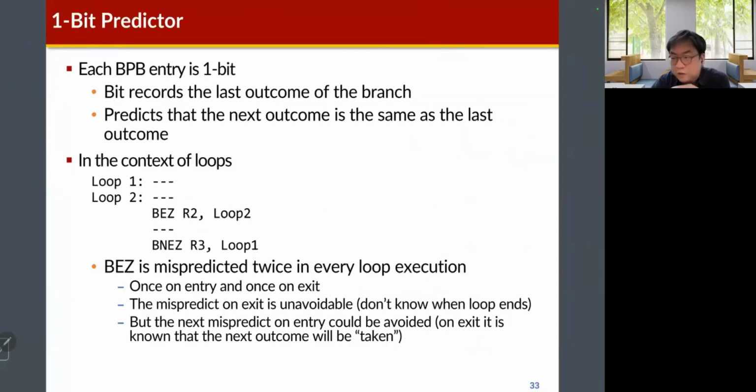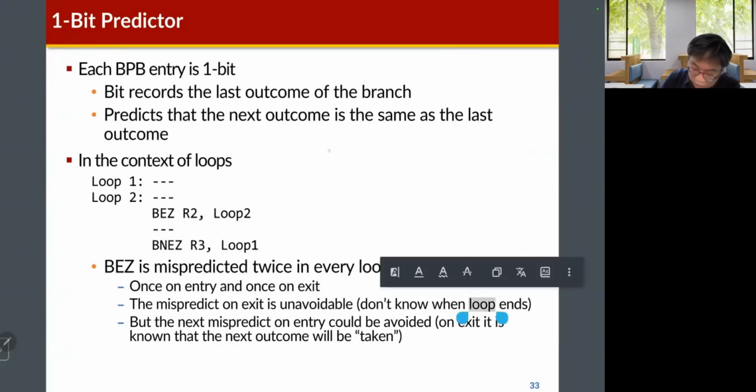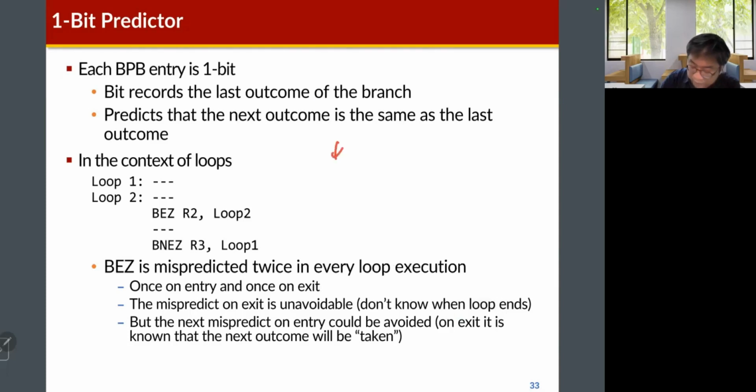So the 1-bit predictor is very simple, which means that we just store one previous result. We check the latest result of the branch instruction, and then based on this result, we predict the future outcome of the branch instruction.